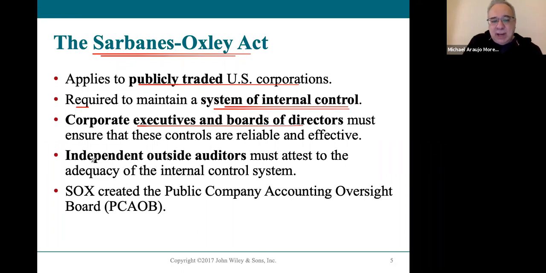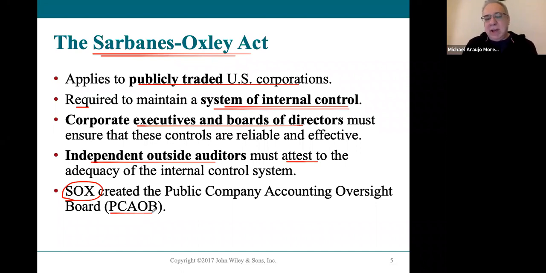Then they have to bring in an outside auditor, another set of eyes that looks at the accounting records to make sure they actually are following the rules that we call GAAP and can testify or attest to that fact. And then, of course, anytime Congress passes a law, you have to have a bureaucracy to carry it out, because Congress makes the laws, they don't enforce them, right?